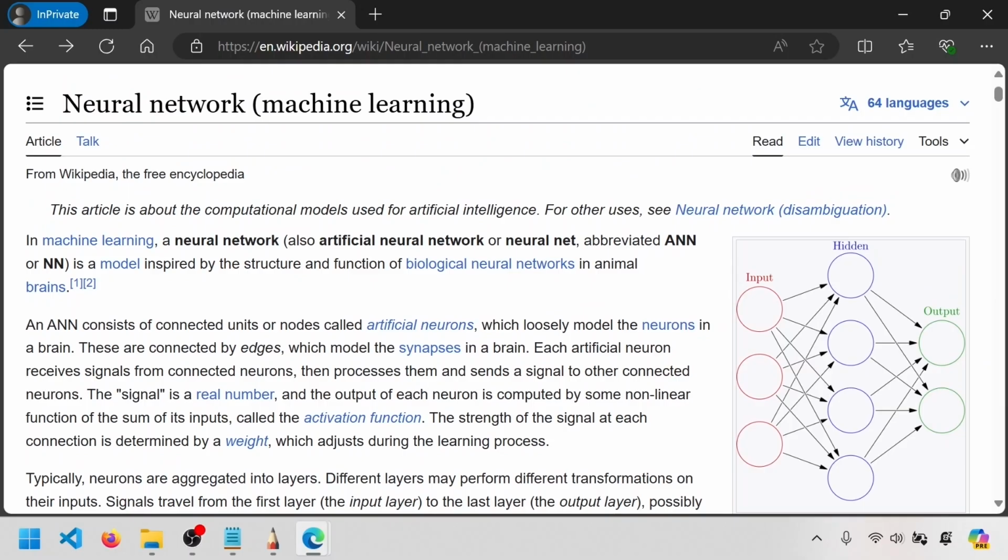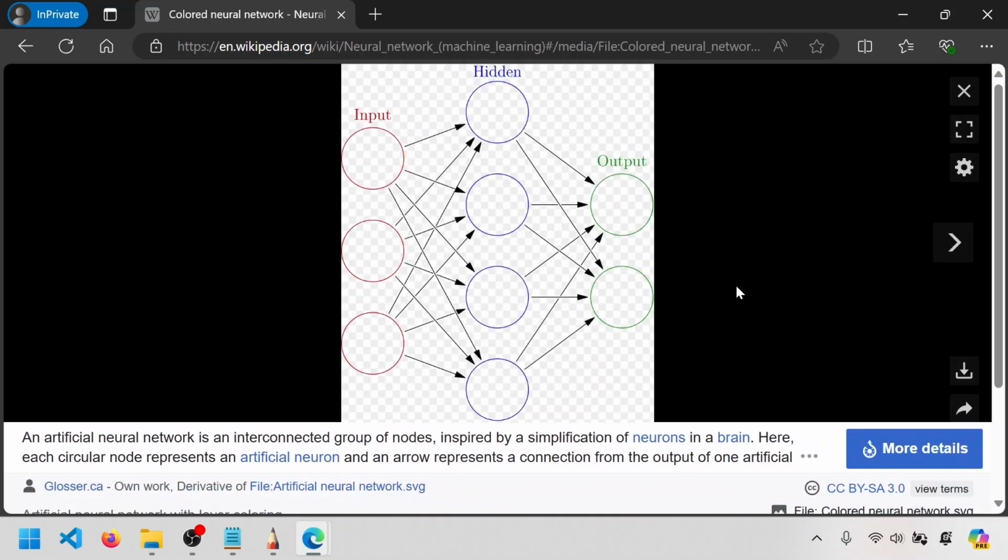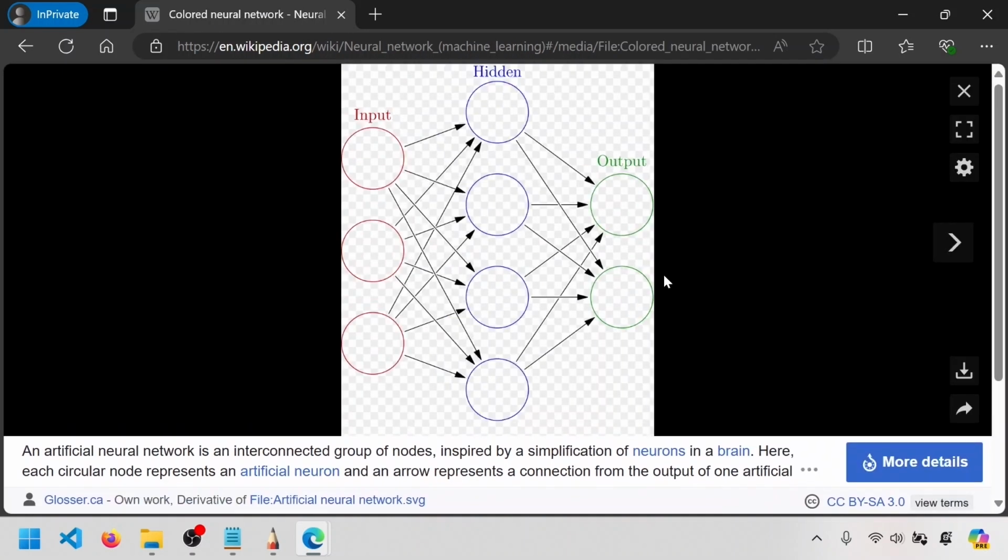So this is the wiki page for neural network, and this is a simple image of a neural network. These round artifacts here are called neurons or nodes, and these arrows are weights, basically some numbers. Normally they are real numbers, which have decimals and points and things like that.